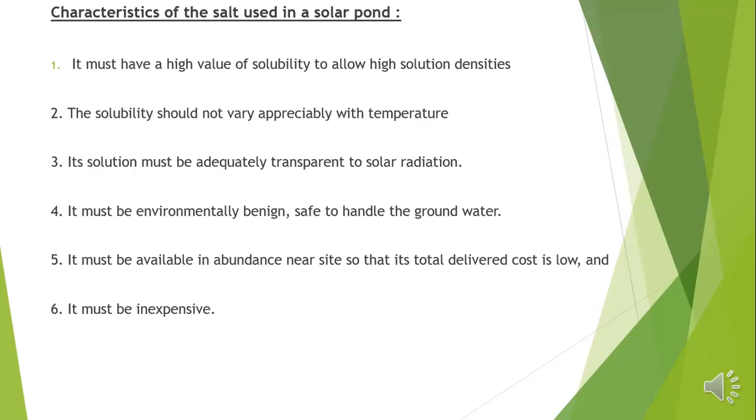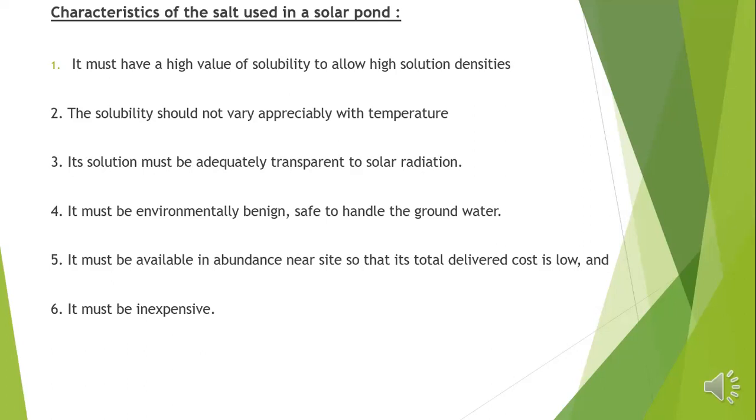This important salt used in the solar pond should have some characteristics for creating a density gradient. We will see those characteristics. First, it must have a high value of solubility.